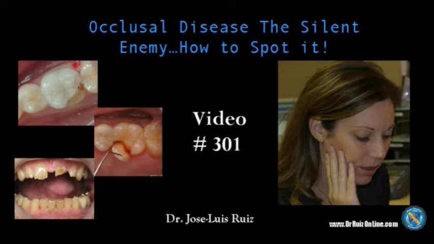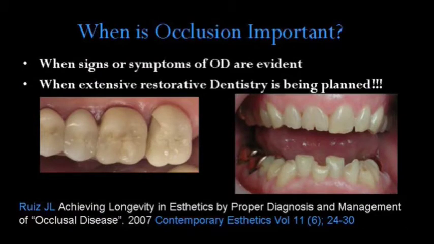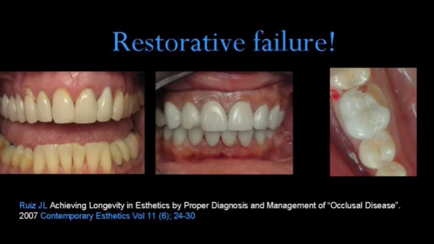So for a dentist, when is occlusion important? And the answer is, it's important most of the time. It's important when we are considering doing extensive dentistry. It's important when we are considering doing dentistry on patients who have a tremendous amount of wear and signs and symptoms of occlusal disease. Because occlusal disease is the #1 enemy of our teeth and the #1 enemy of our restorations.